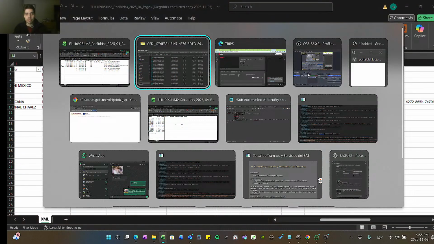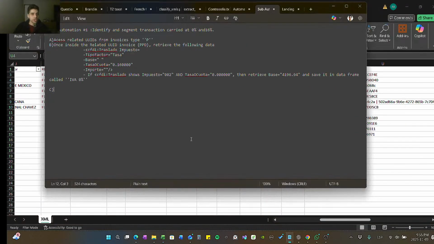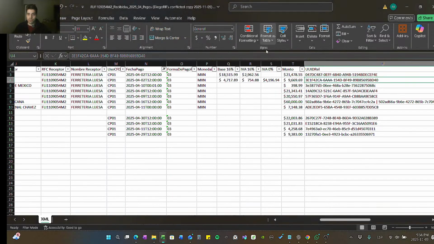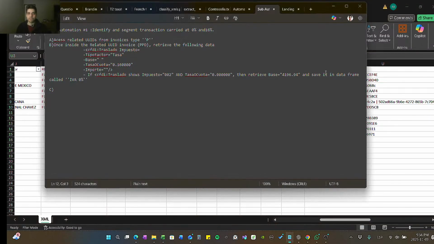And I really have a pretty decent idea of what I have to do right here, which is I first need to access any related ID from my invoice type P. And the meaning of that is that whenever my client paid for that invoice that was issued earlier in the year, that process entails a specific type of invoice called P. So within that invoice type P, at the bottom of the invoice, also known as XML file, you will have the ID identifier, which is this one right here for each individual invoice. So that's the first thing that my automation needs to do for this step.